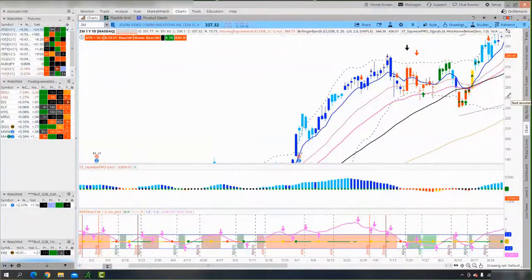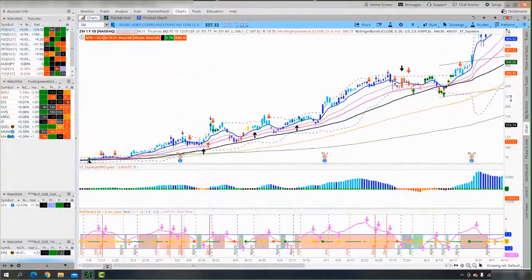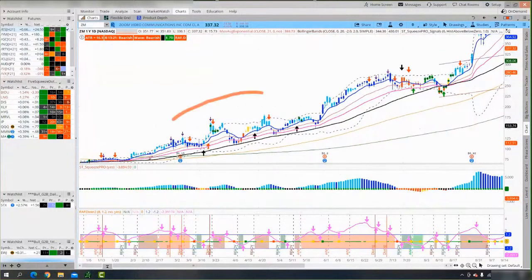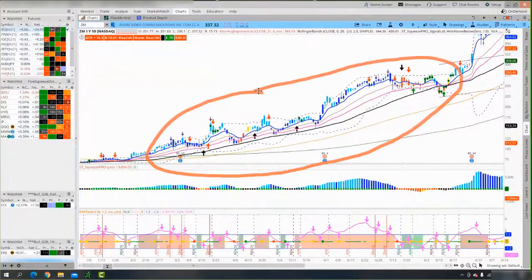What can we do? Do you see this long, beautiful multi-month uptrend? And then we come up here and you get this little close below the lower Bollinger Band.